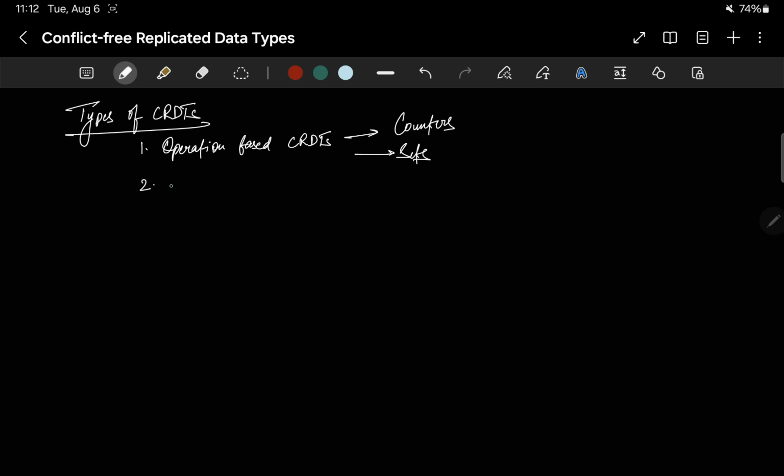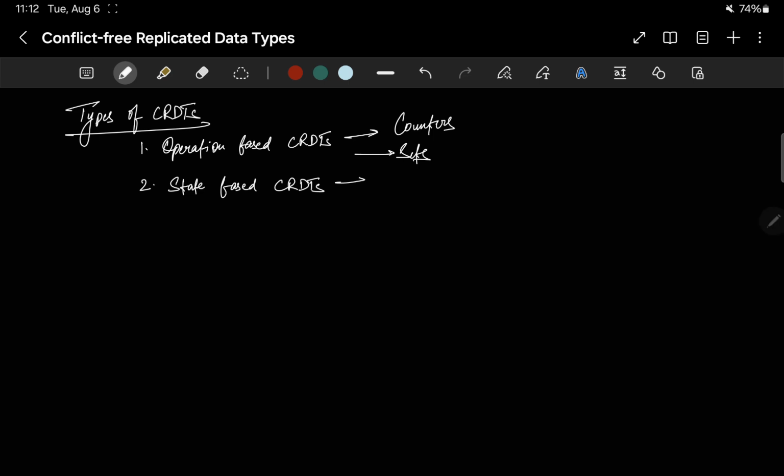Next is state based CRDTs. State based CRDTs involve replicas periodically sharing their state with others. Okay. Merging is achieved by taking the least upper bound of the states.